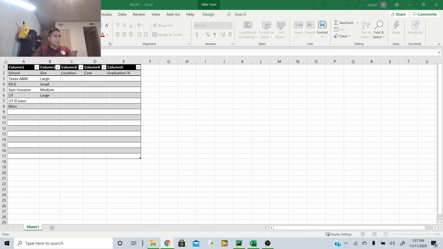UT El Paso size is going to be medium. And then Belen, I think Belen might be medium. Yeah, it's definitely medium. So Belen is about the same size as UT El Paso. And then Sam Houston's a little bit smaller than these two.